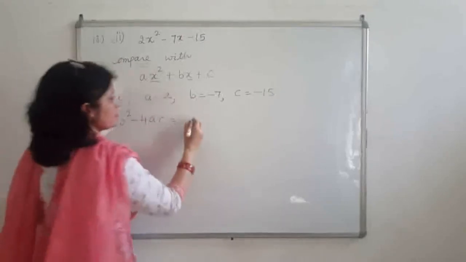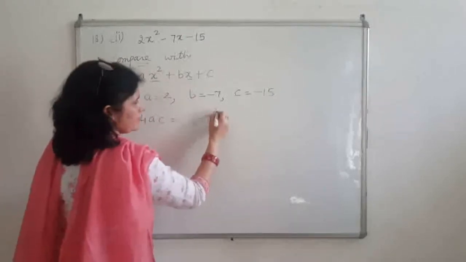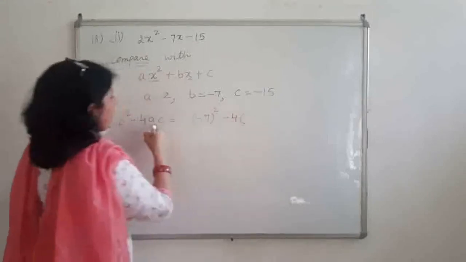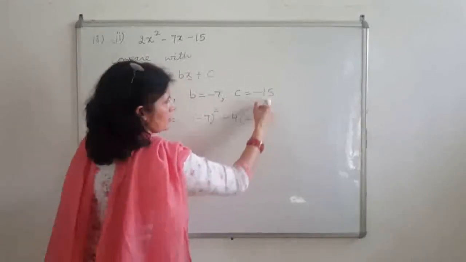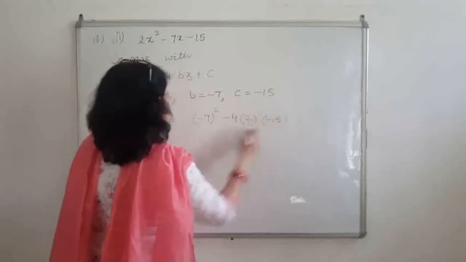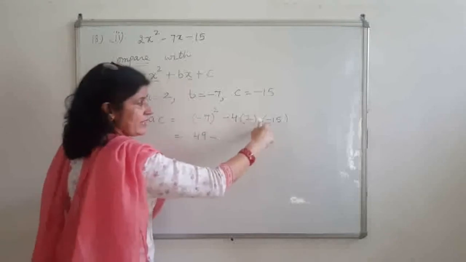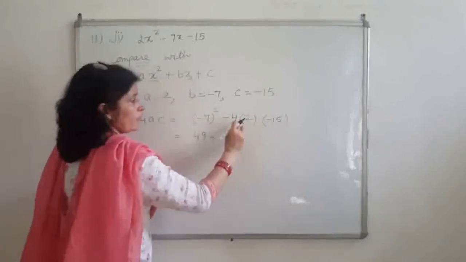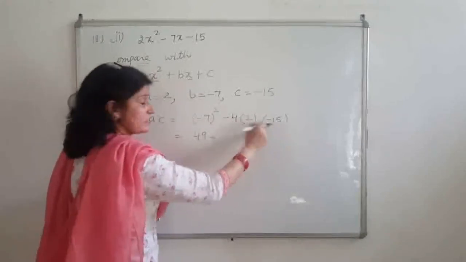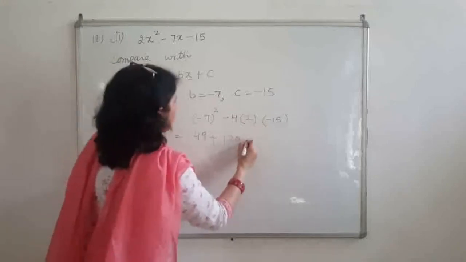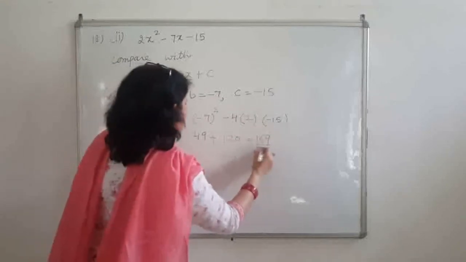Now b square means square of minus 7, minus 4 into a, a is 2, c is minus 15. Square of 7 is 49, minus minus plus, 4 twos are 8, 8 fifteens are 120. When we add, we get 169.